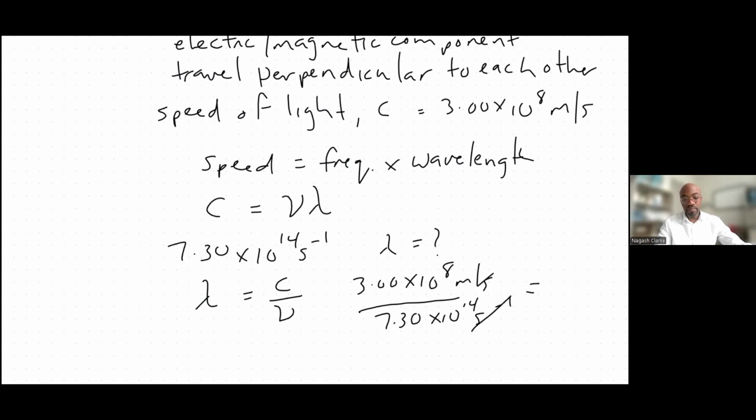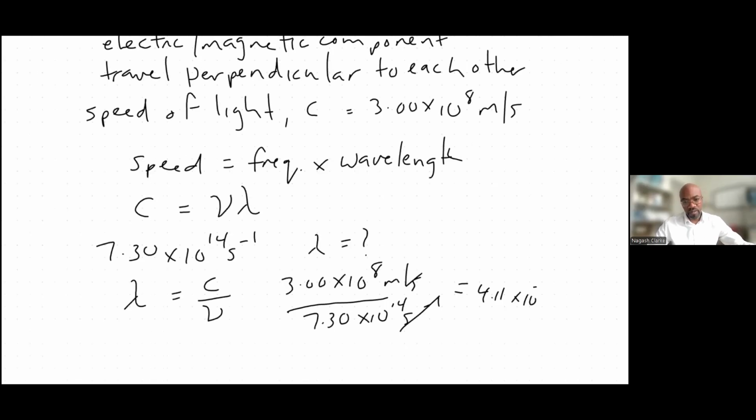That gives me 4.1 times 10 to the minus 7 meters. That's how you manipulate that equation, so we can solve for wavelength or frequency.